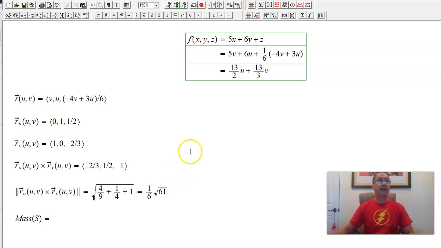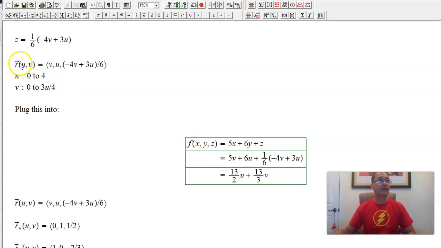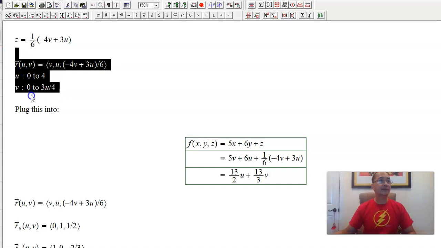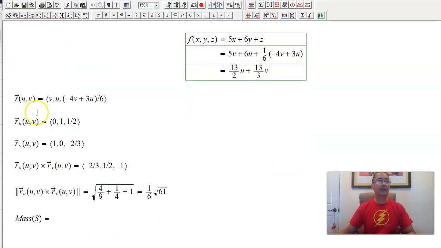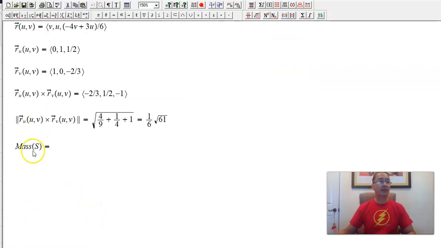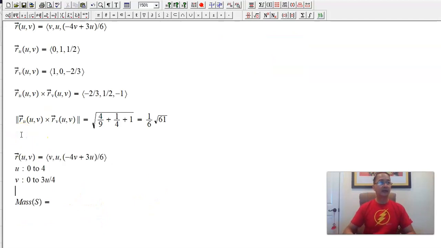Okay, let's bring back our parametrization, because we need that in order to set up our double integral. We need on the outside u going from 0 to 4, so we have du on the outside and dv on the inside.